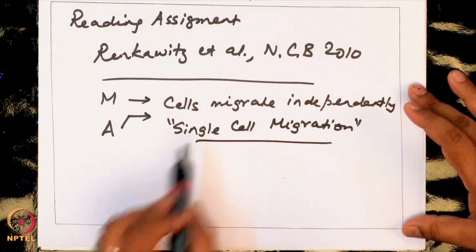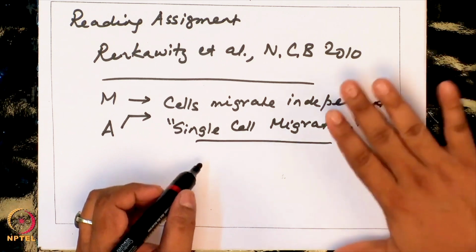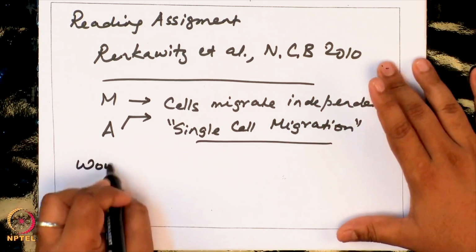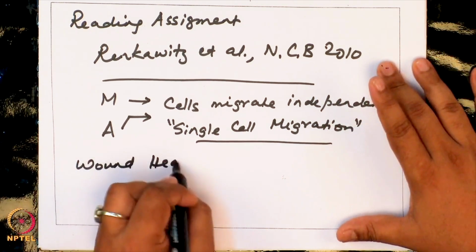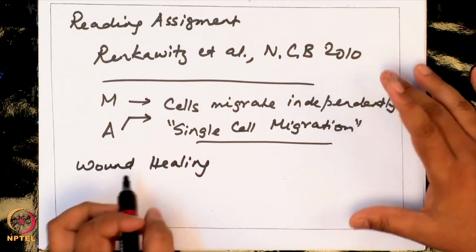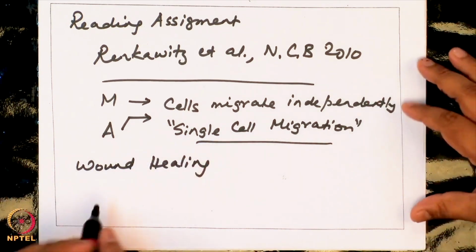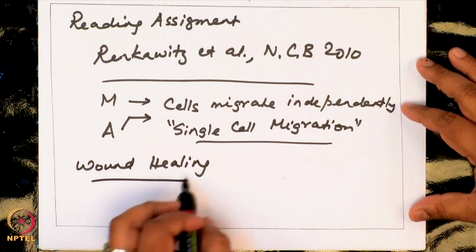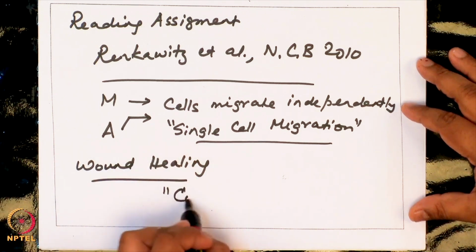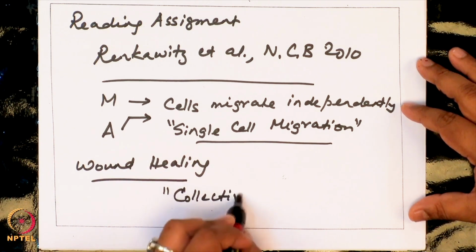If you were to think of wound healing, what do you have? You have groups of cells which migrate. In the case of wound healing, instead of single cell migration, what you have is collective cell migration.